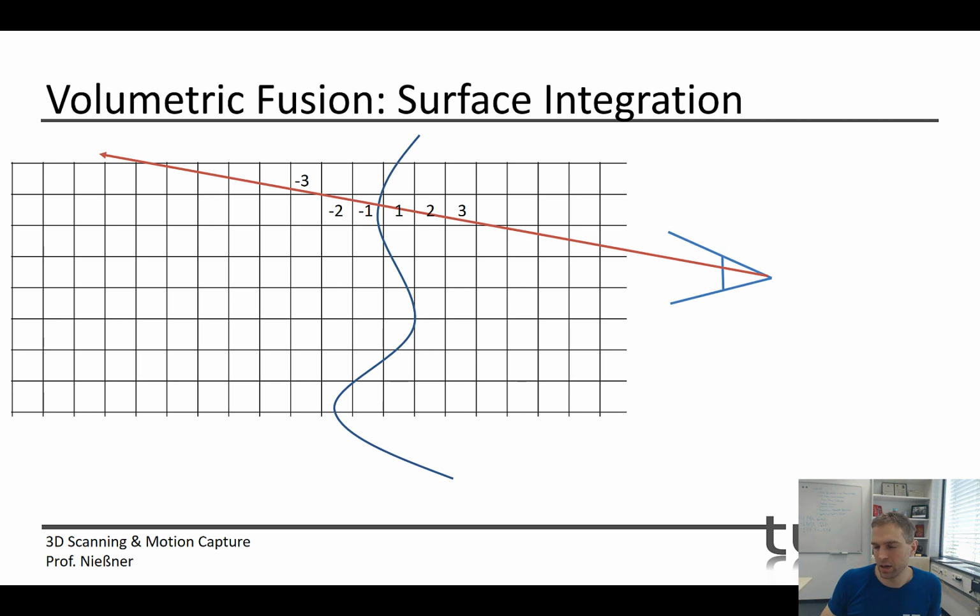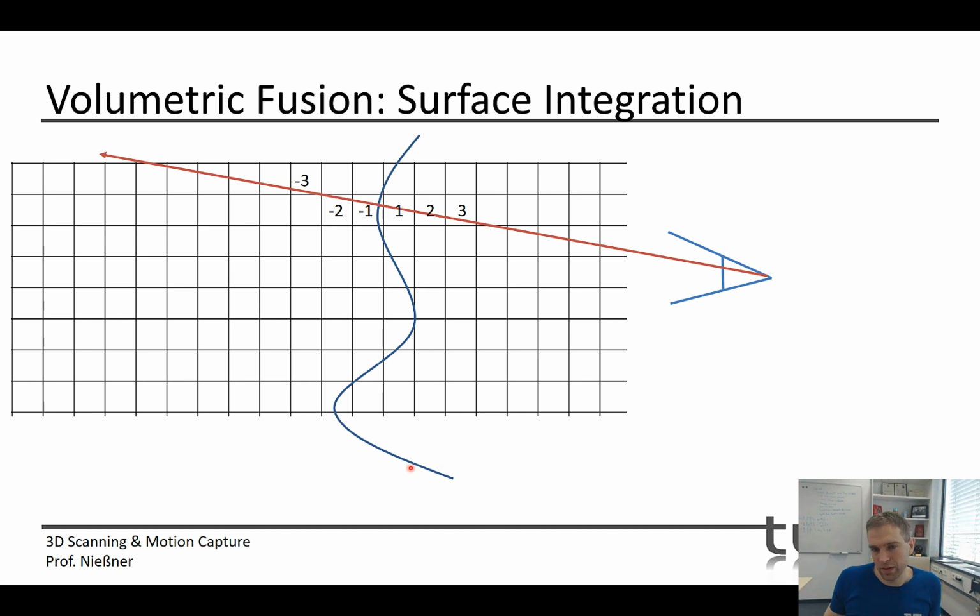So for instance, we ran an ICP, and this ICP gave us this camera transformation that tells us the pose of our camera. So this is our camera here, it's a fancy camera. This is our grid, which stores the signed distance field, and this is our hypothetical surface, which we want to reconstruct. And this is a process called volumetric fusion.